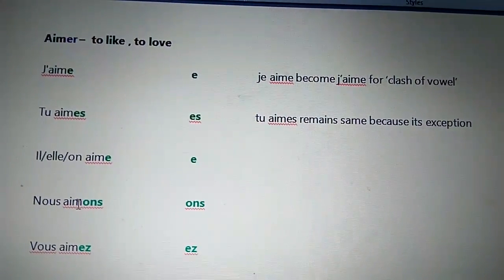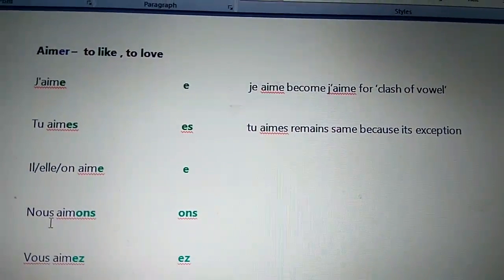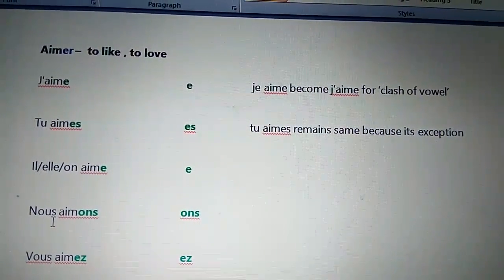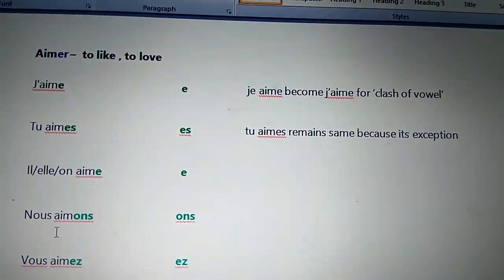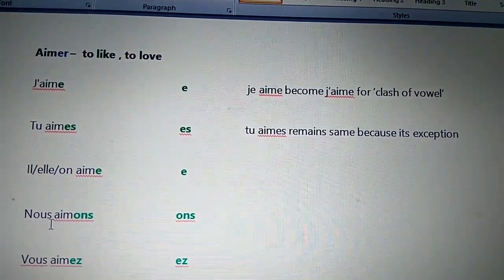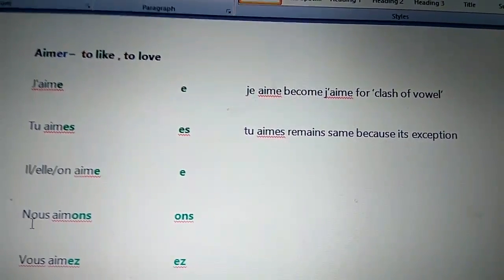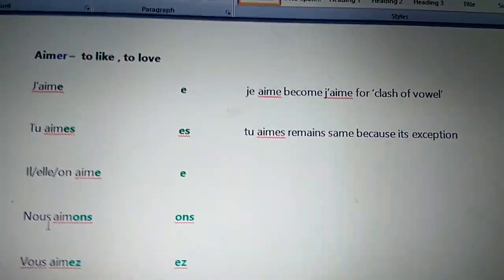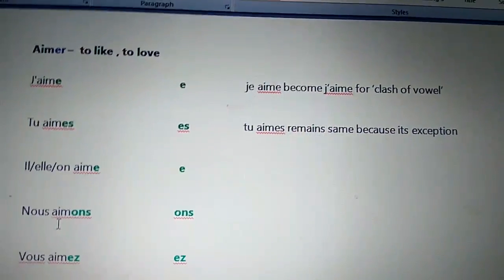Nous aimons. Vous aimez. Here you have to remember, when one is a vowel and one is a consonant, S is a consonant, A is a vowel, so we add the sound. So it's not nous aimons with a silent S, it's nous aimons with the sound of S and A joined together.